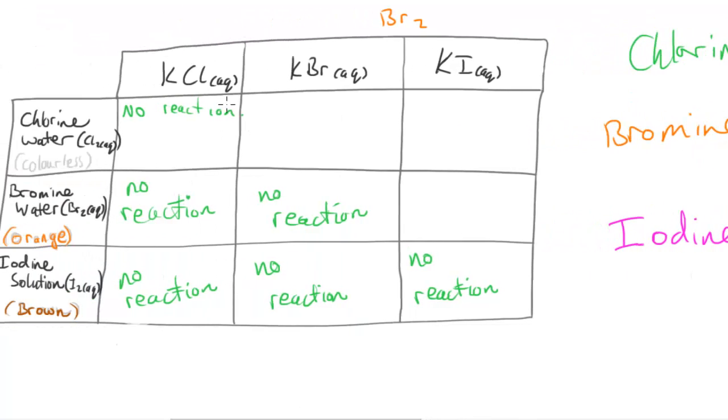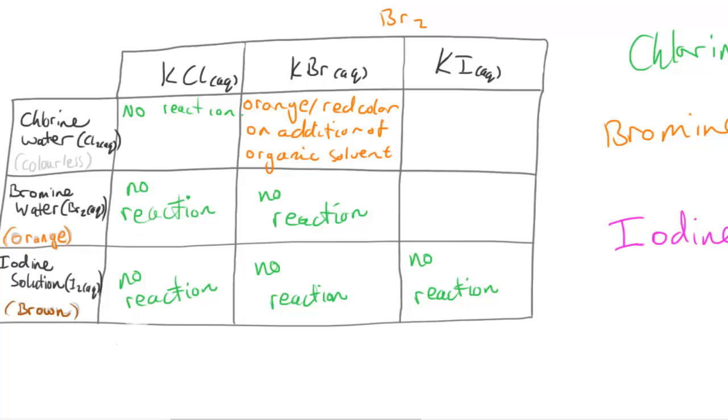So I'm just going to write into this box orange red color on addition of organic solvent. And the reason why I write on addition of organic solvent is because before the organic solvent is added, it's going to be its orange color.